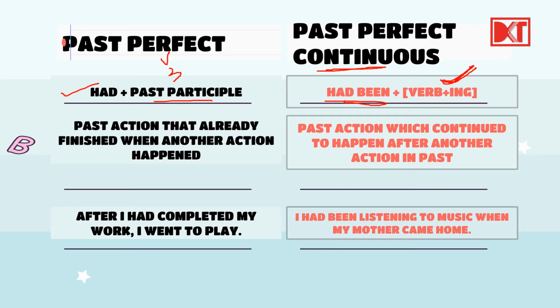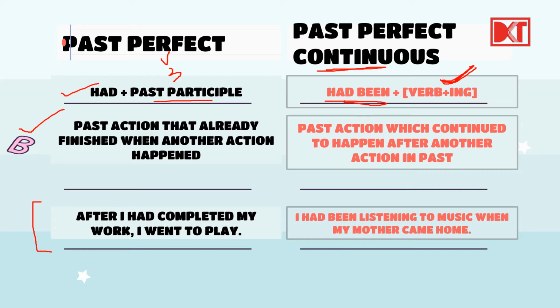So when is past perfect used? It is used for a past action that has already finished when another action happened. Let's see an example. After I had completed my work, I went to play. Here you see both the actions have happened in the past. I completed my homework in the past and I went to play also in the past.